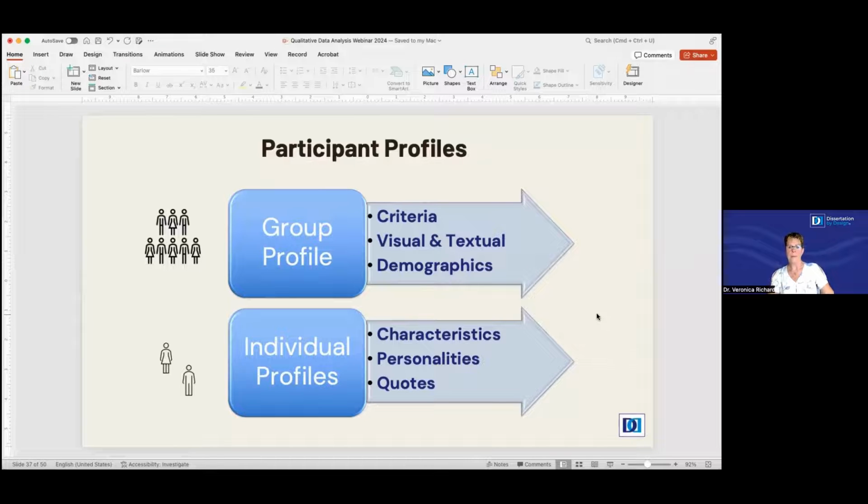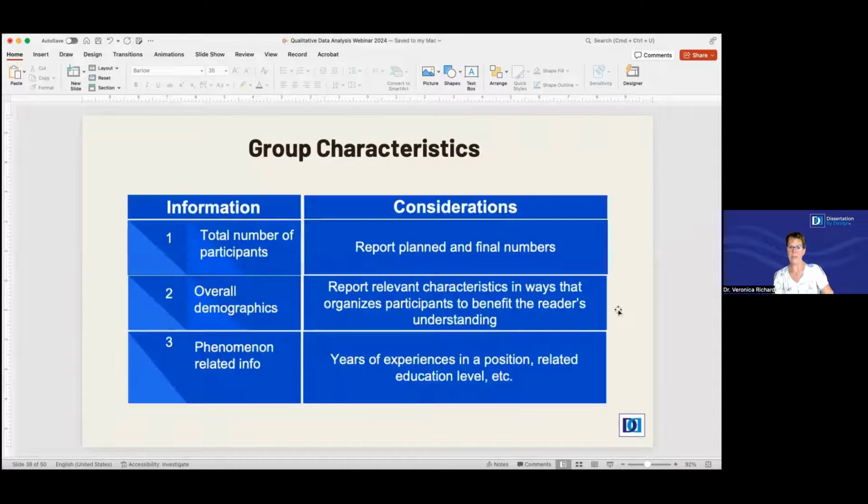So let's see here. The group characteristics that I look at: I'm looking for the number of participants, overall demographics, and then information related to the phenomenon that helps my reader come to know who my participants are.